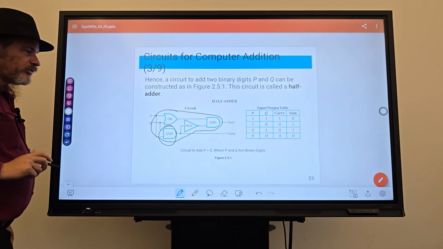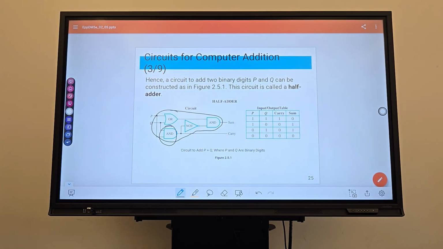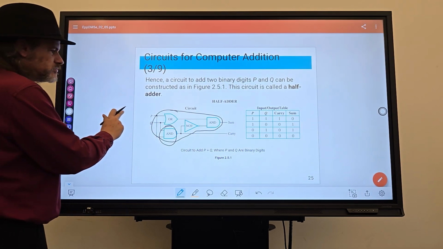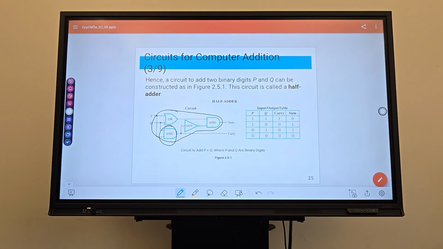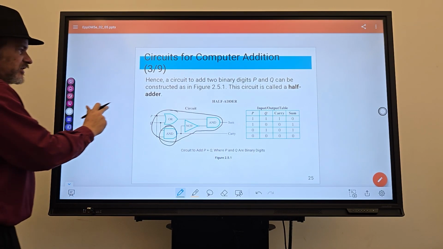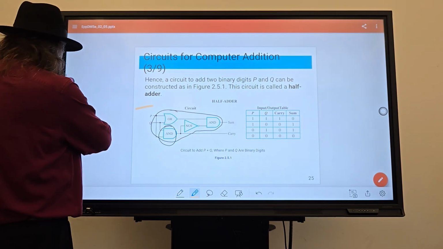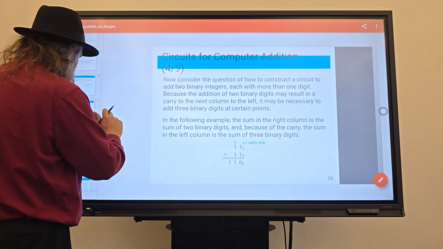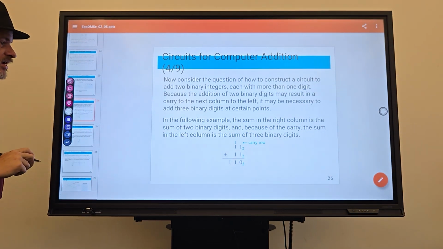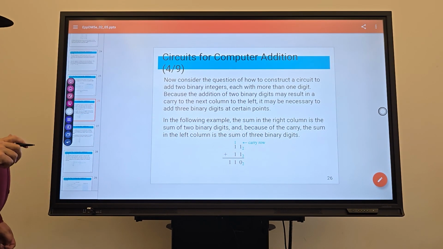The AND gate is performing double duty. So there you go. And that is called a half adder. It is called a half adder because a full adder takes a carry as an input, a third input.